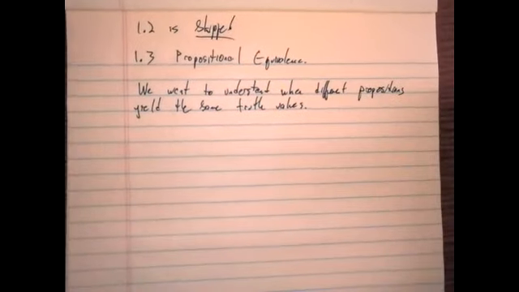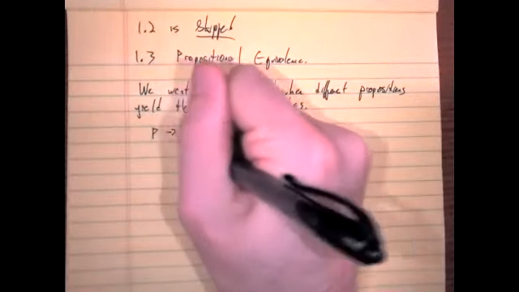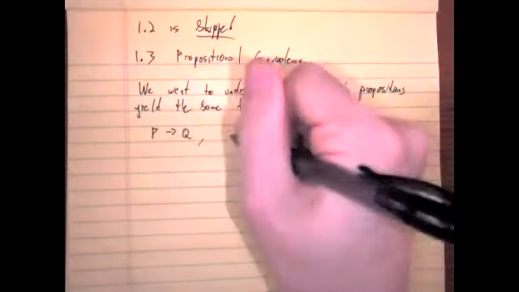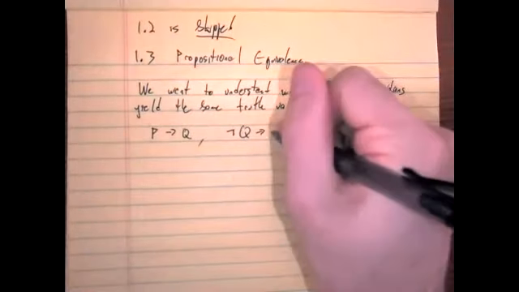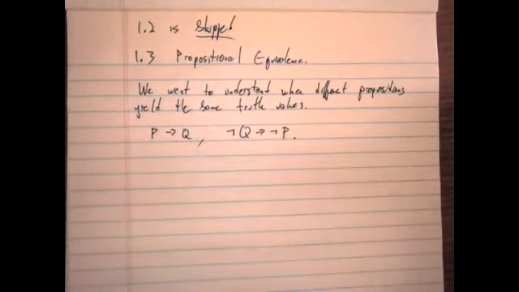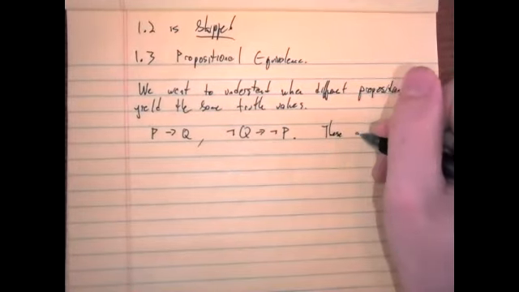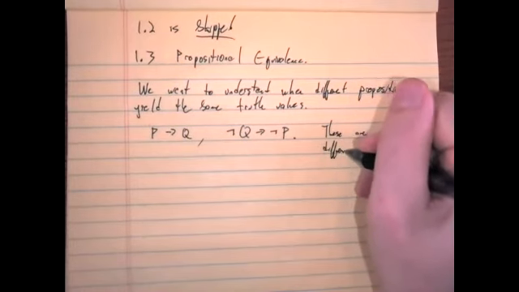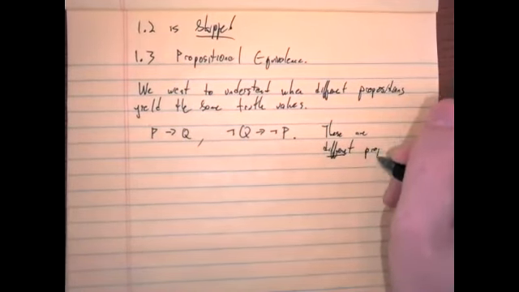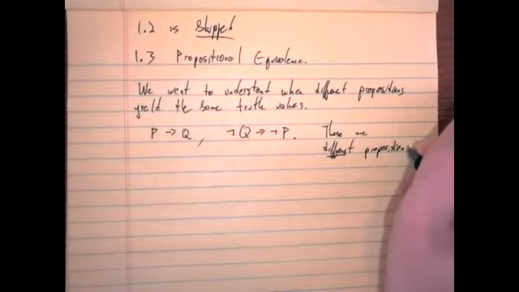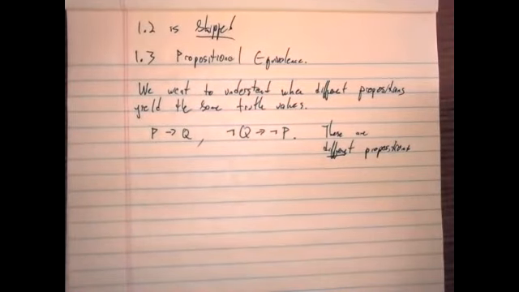So an example that we've already done and already worked with is P implies Q, and not Q implies not P. The point that I want to make is that these are different propositions because, if you wrote these out in words, they'd actually be different statements, right?